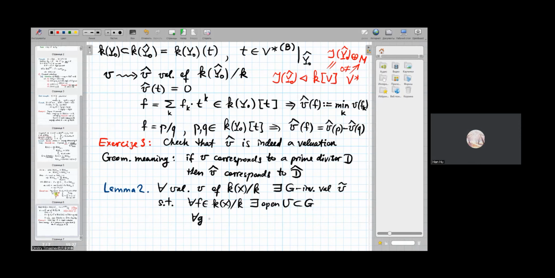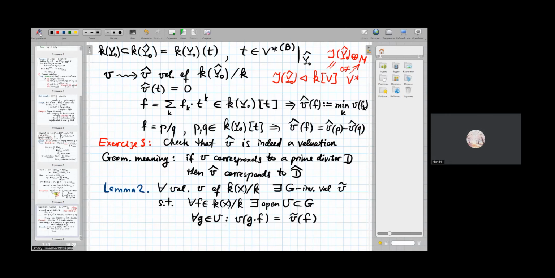For any g small in U, the value of V at the shifted function gf equals the value of V tilde on f.